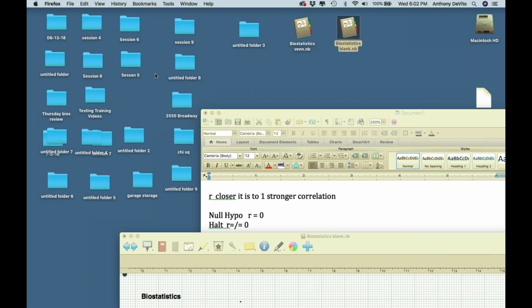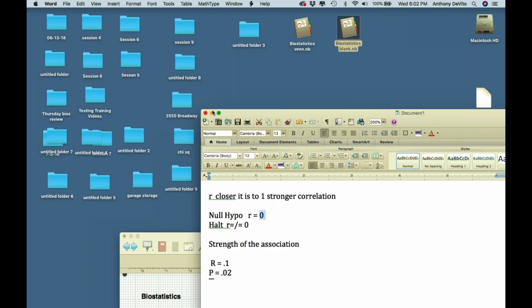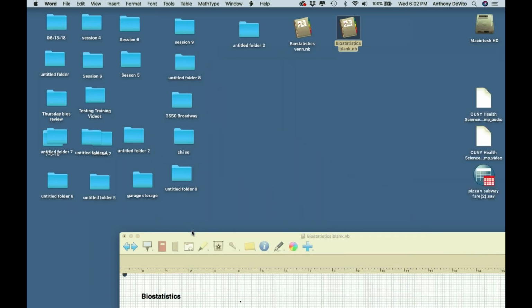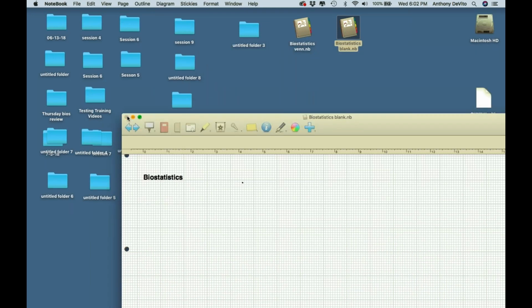Okay, let me get this back out of the way, and let me move this, clear things up here a little bit so I can get some space to work with.